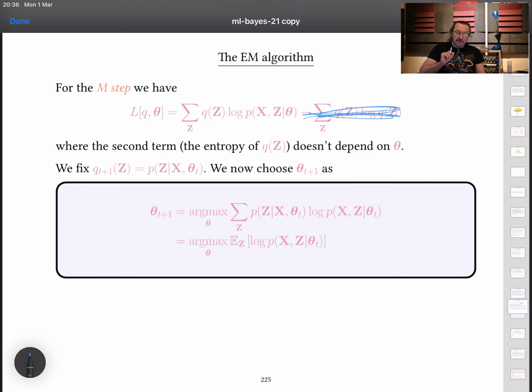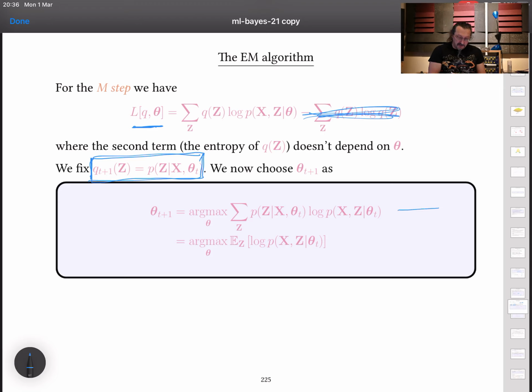We're maximizing an expression, that is maximizing L, which is the sum over z of Q of z, which is the one we've just derived, multiplied by log of this kind of joint likelihood.